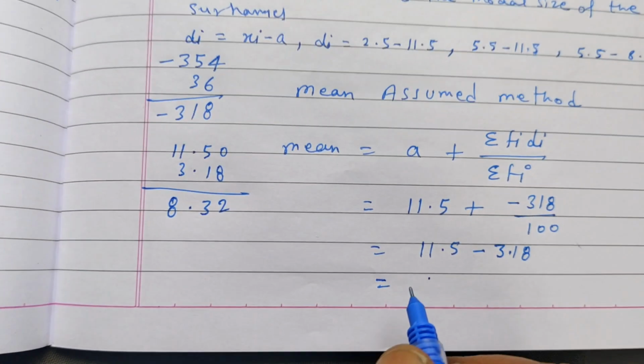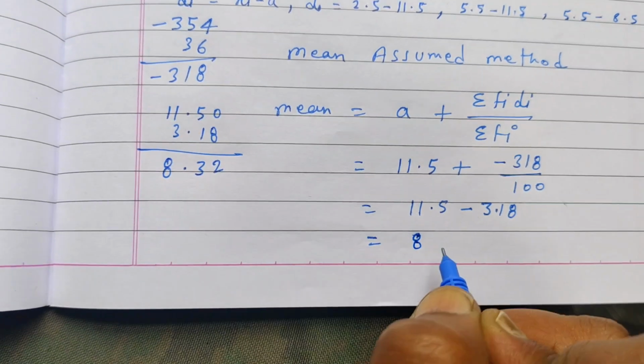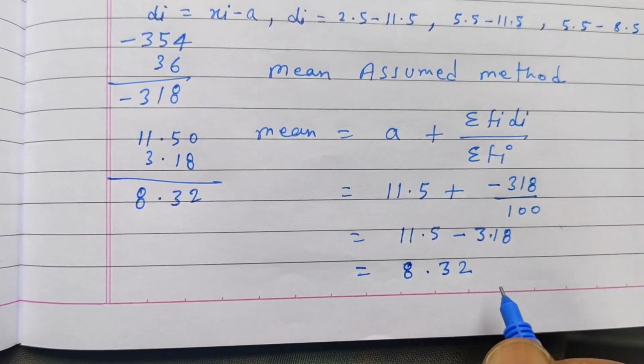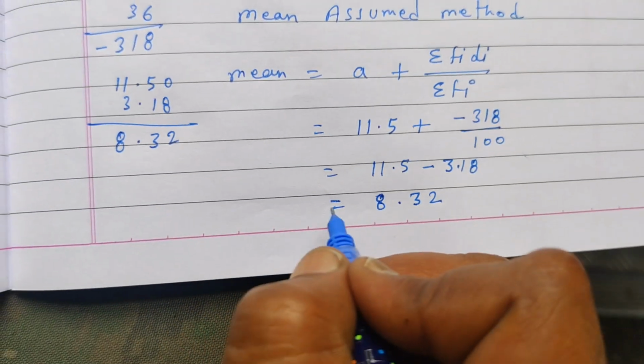So the mean is 8.32. This is our answer for the mean calculation.